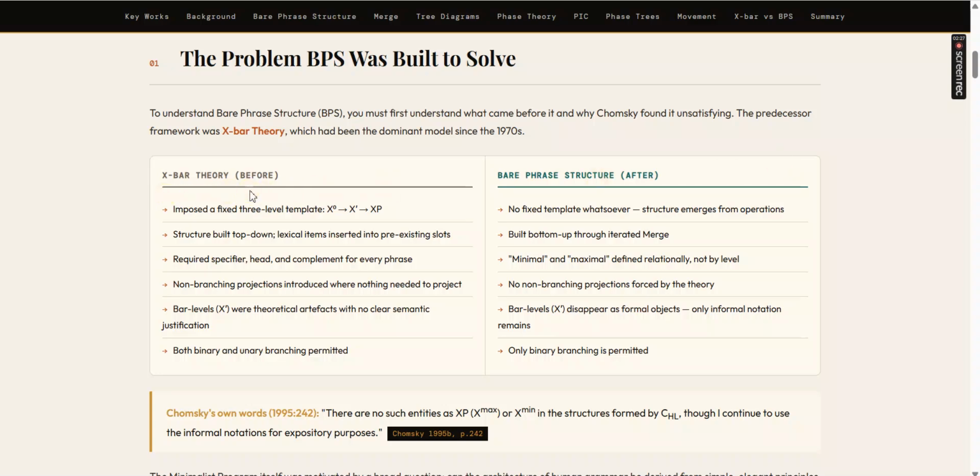It was X-bar theory, developed in the 1970s by Chomsky and refined by Jackendoff, which proposed that every single phrase in human language follows a three-level template. You have a head, a word that gives the phrase its identity, then the middle-level projection, that is X-bar, and then the maximal projection, that is a phrase, a full phrase.